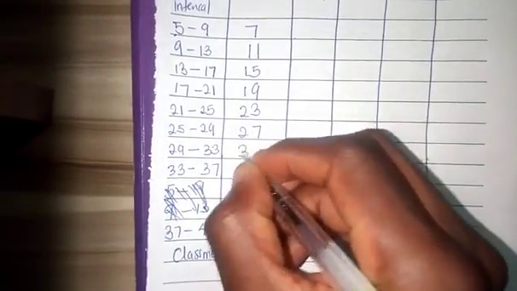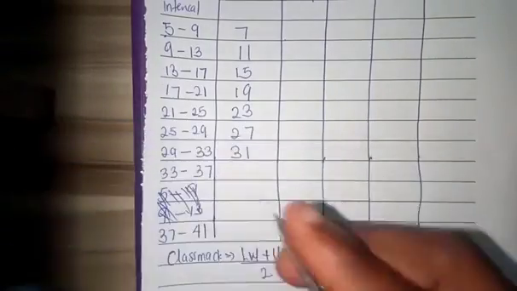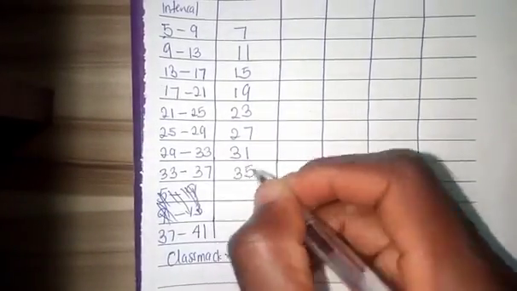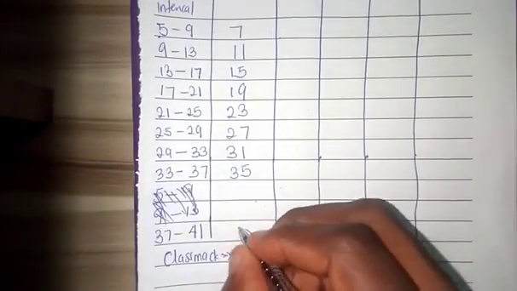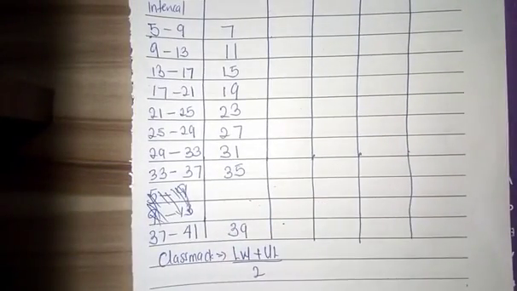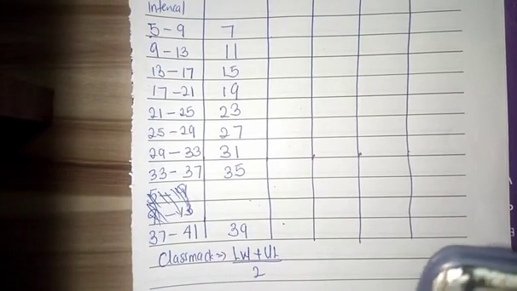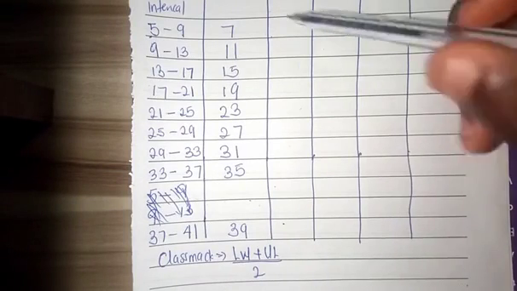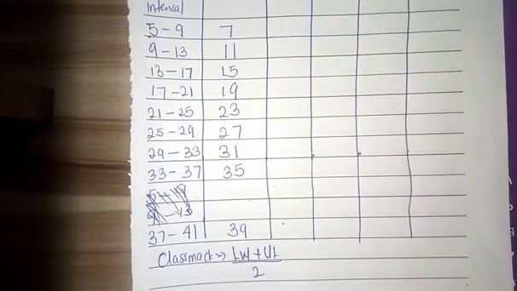And you have 31, we have 35, and we have 39. These are the class marks.